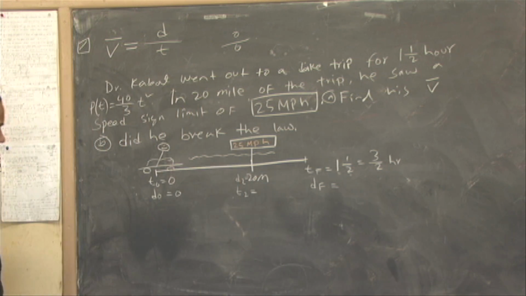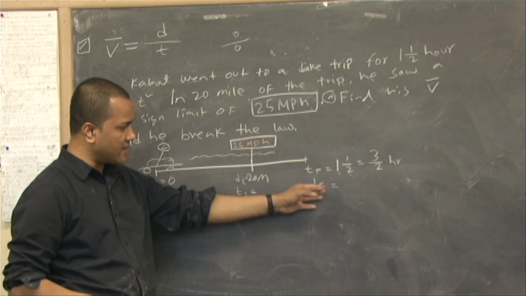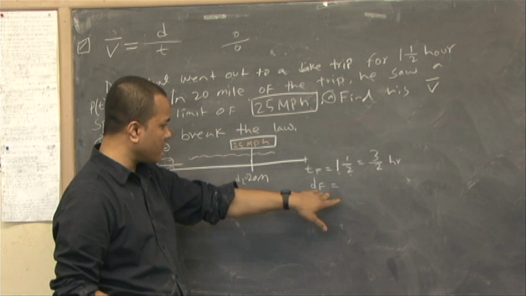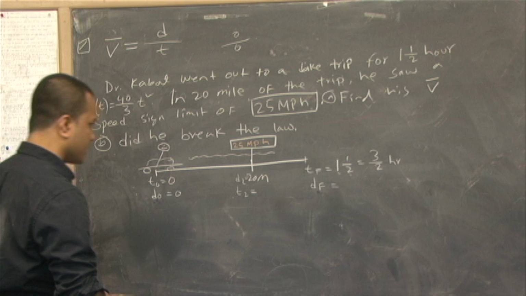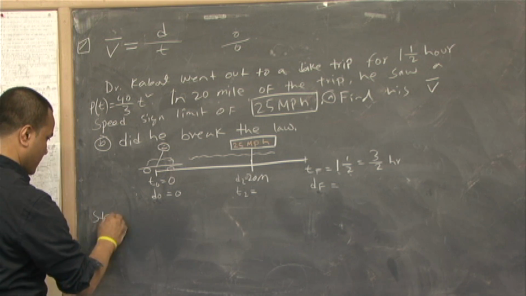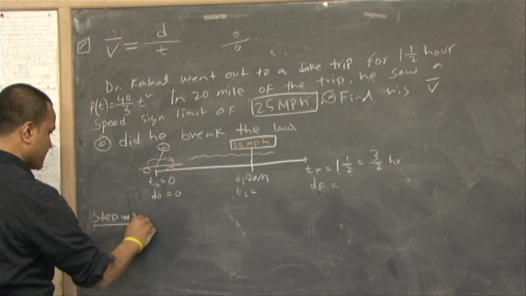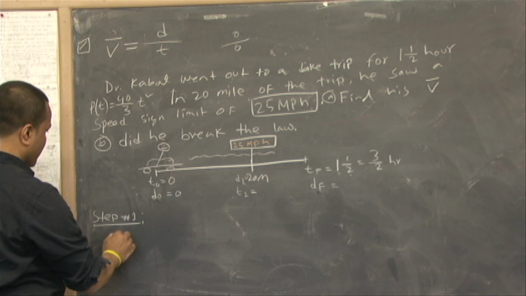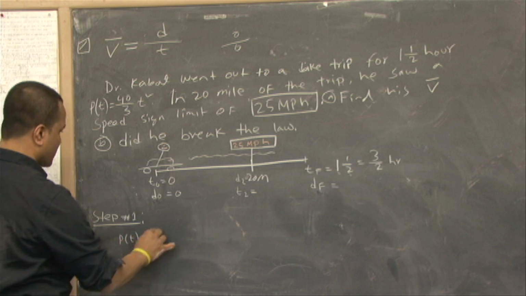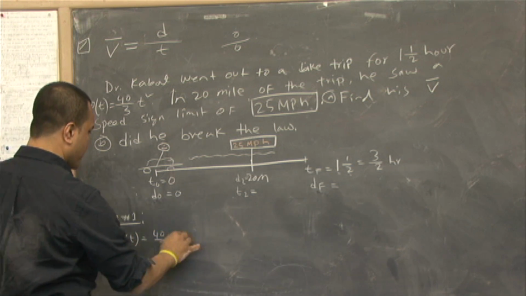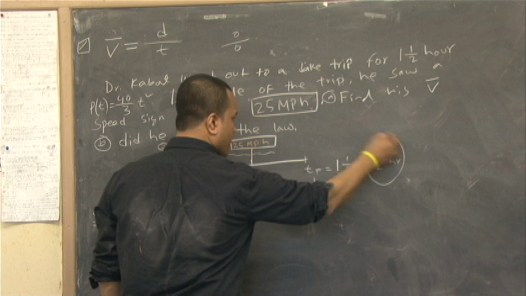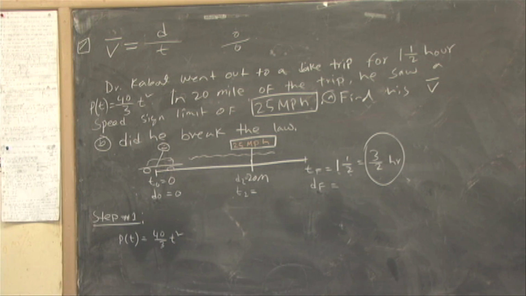So step 1, we have to find D final, the final distance. Distance initial is 0, maybe he's home. Distance final maybe Central Park or somewhere else. We will find out. Step 1, finding d final. We can use the position function to find it. So p of t equals 40/3 t squared. One way we can find d final is simply by putting in how long it took him to go all the way there.